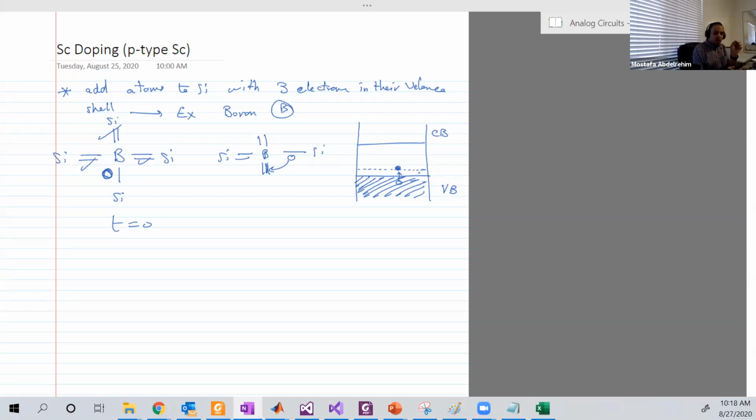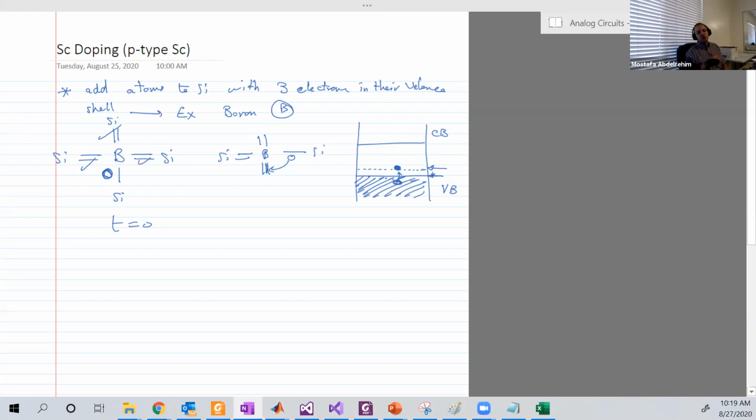So any electron with this very small energy, because the difference between this new orbital and the last shell in the valence band is very small, just like the phosphorus case, can move from the valence band to this new orbital based on the boron atom, and leaves behind a hole.